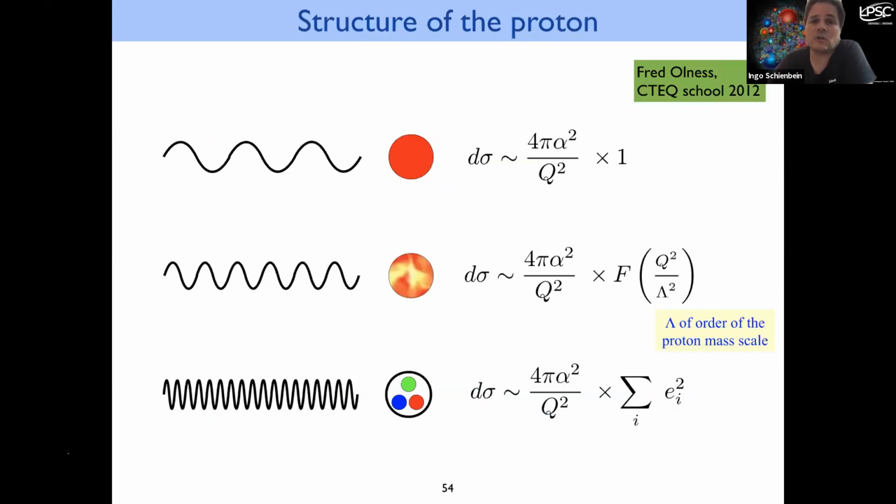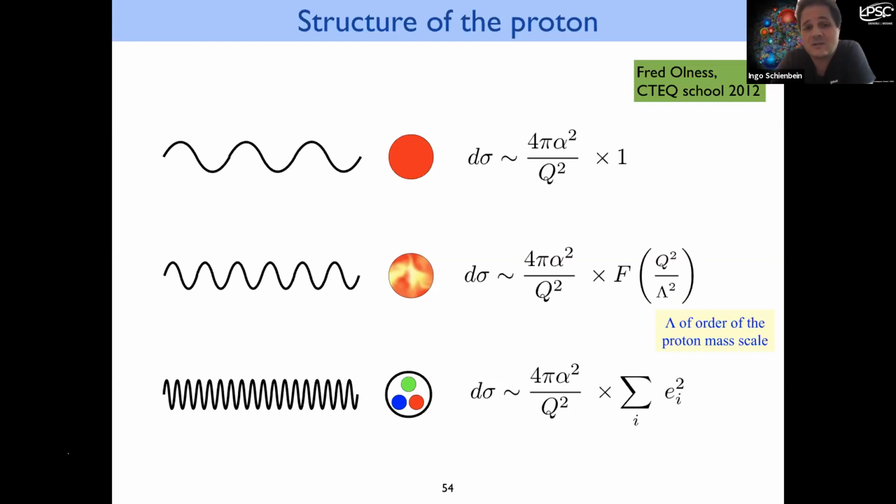Then the structure of the proton changes the cross-section when you increase the energy of the probe. At long wavelengths, we have the cross-section 4 pi alpha squared over Q squared times 1. You increase the energy, you start to resolve form factors f of Q squared.